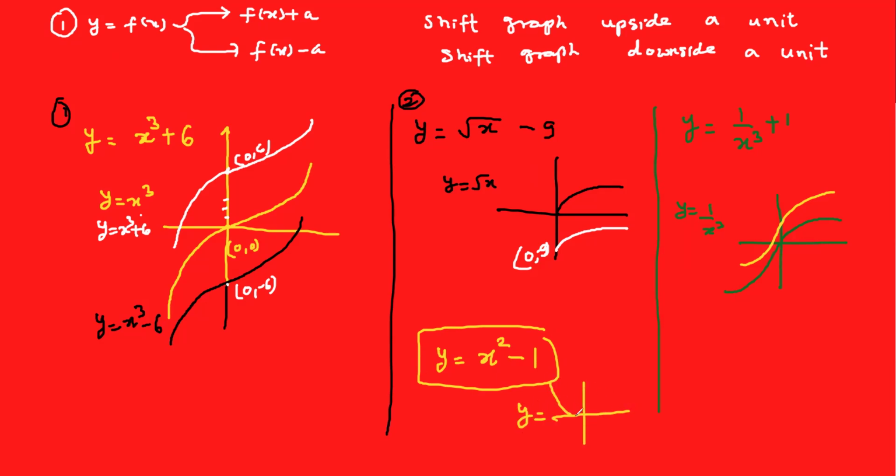First draw the parabola and then move it down 1 unit. It means 0 comma minus 1. If I ask you a graph of y is equal to x square plus 1, it will move upside. Now tell me what is the graph of mod x plus 4?